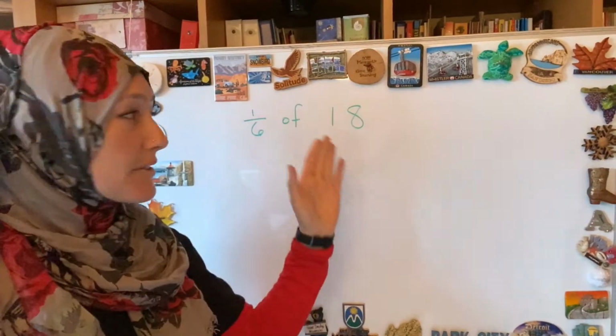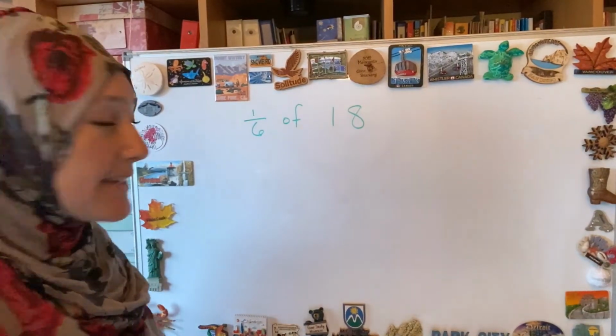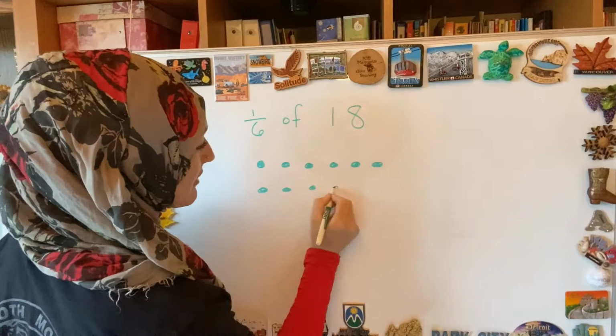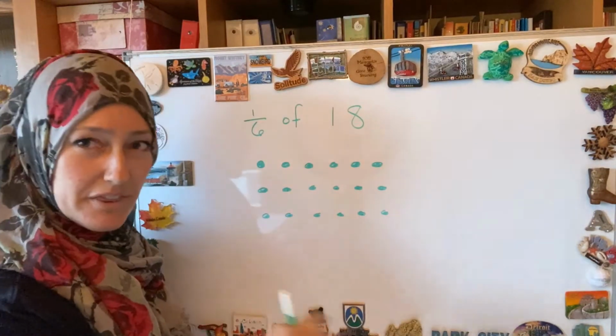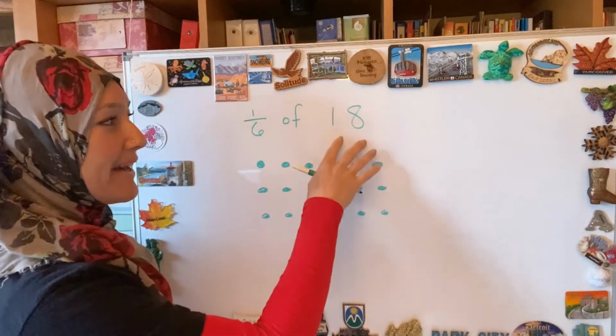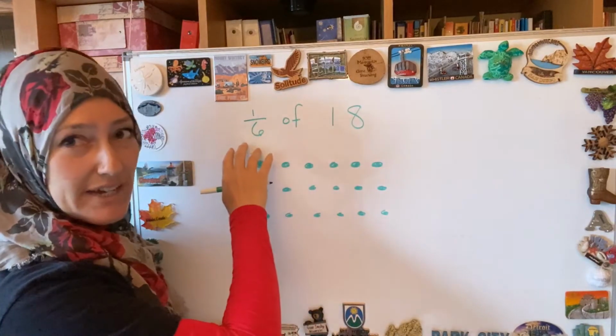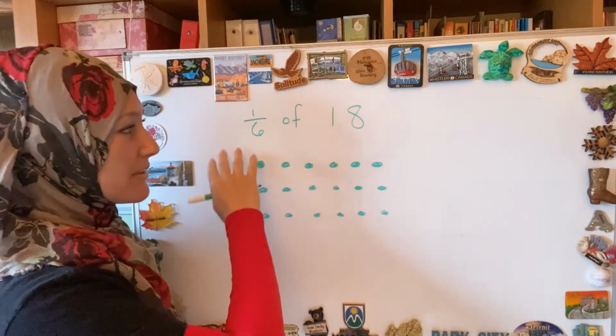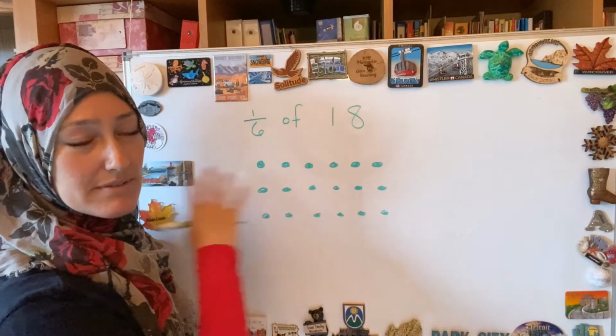Try this one first. Draw the number of items, so you draw 18. So you can start thinking of the words in your head. I have 18. I'm dividing them into 6 groups.